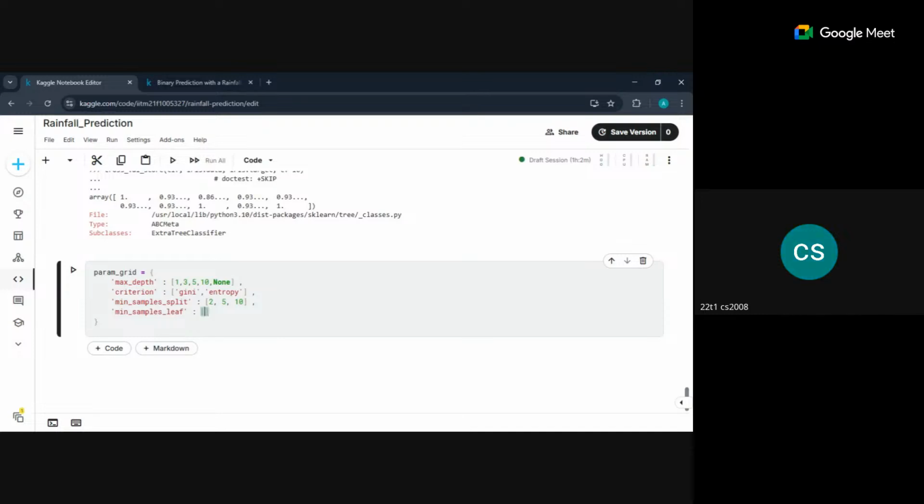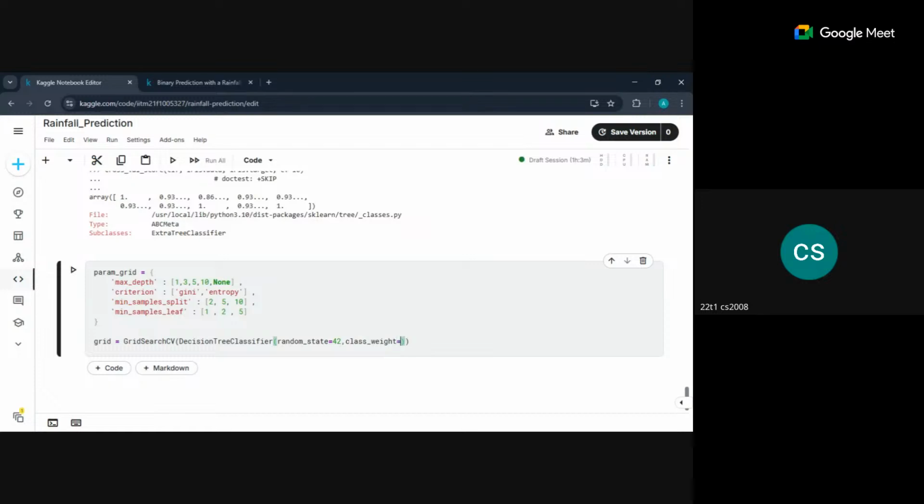So minimum sample leaf, let's have this as well. The model is the decision tree classifier. Class weight, what is it?